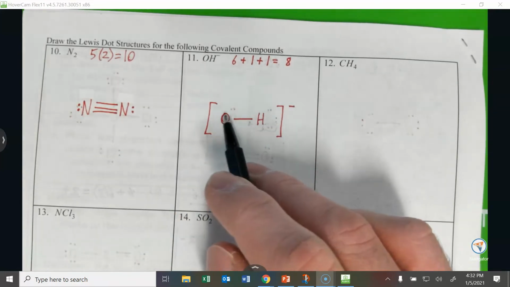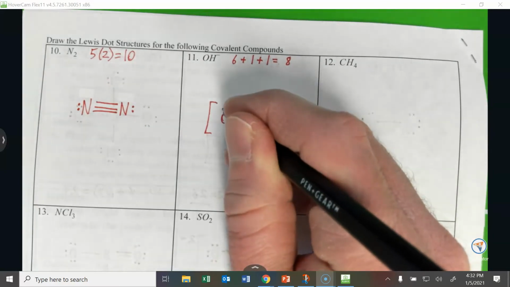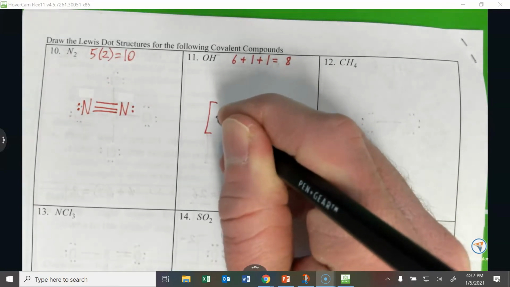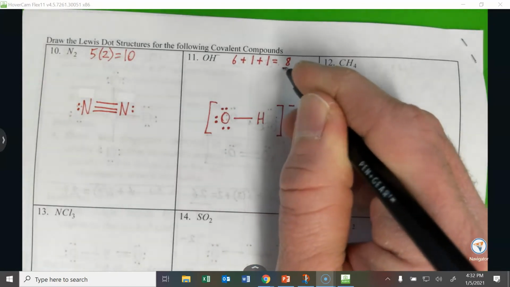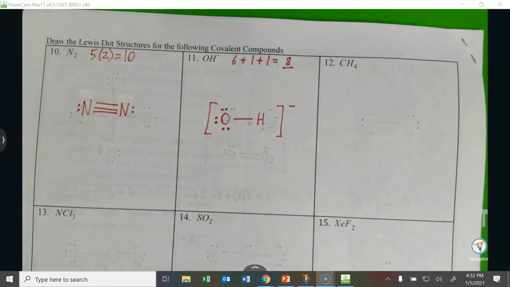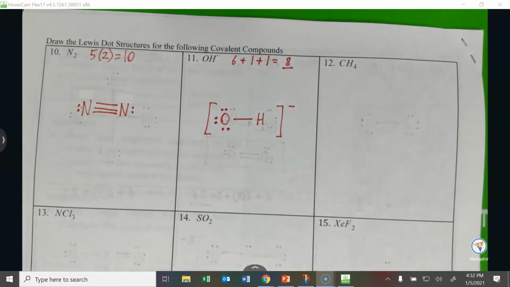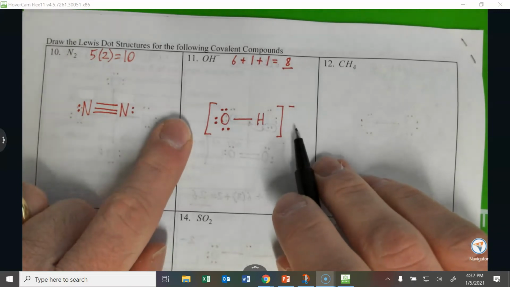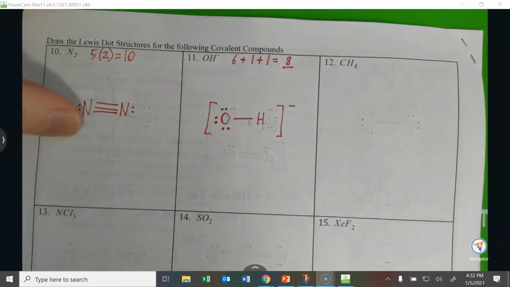It has 2, and it wants 8. Well, let's see, 2, 4, 6, 8. And by the way, that's the exact number of electrons I had available. Oxygen's happy, hydrogen's happy. We took care of the brackets and the charge. This is the complete structure of OH minus, which is the hydroxide ion.